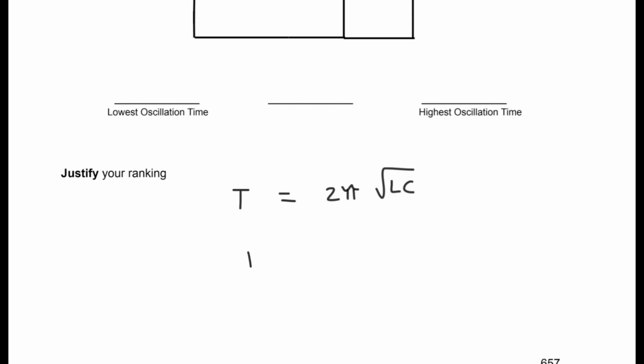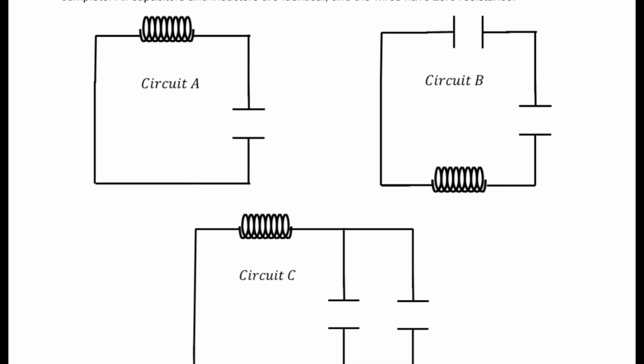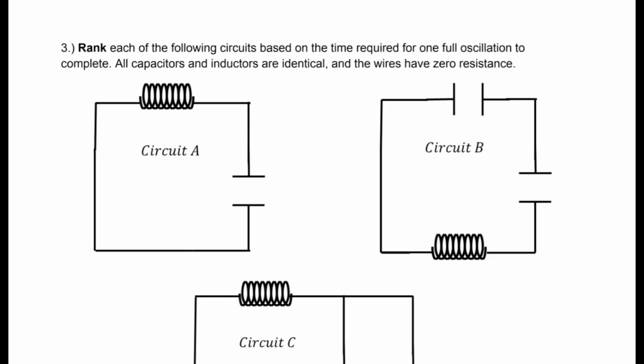So we're just ranking the quantity of the product LC. So first circuit, we have an inductor and a capacitor. So it's just sort of our base case where our time would be proportional to square root of just LC.